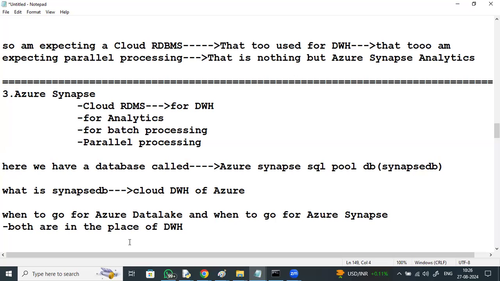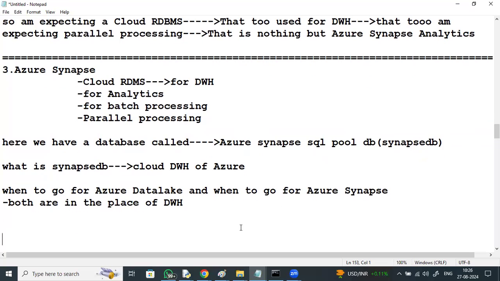Both are in the place of data warehouse. When to go for Azure Synapse? Go for Azure Synapse if data is structured.